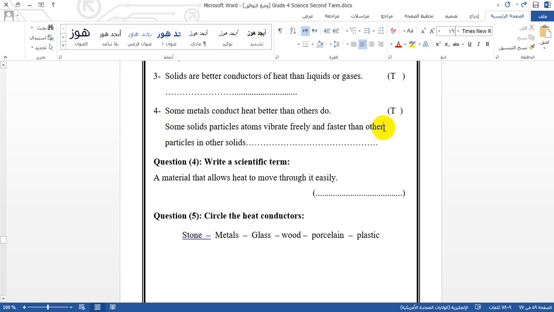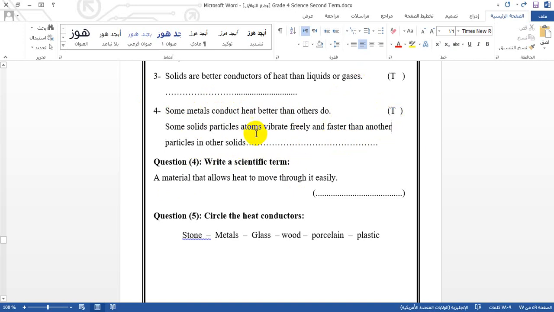This one is another reason, okay, guys? Because some solid particles vibrate freely and faster than particles in other solids, for that reason this one is true. Because some metals conduct heat better than others do. So this one is true anyway.